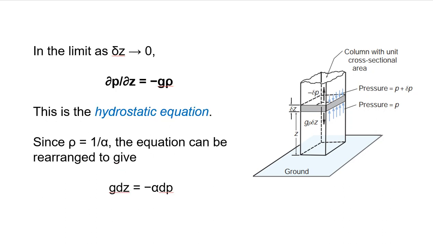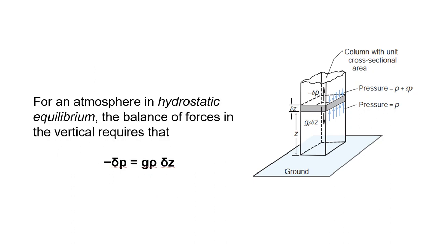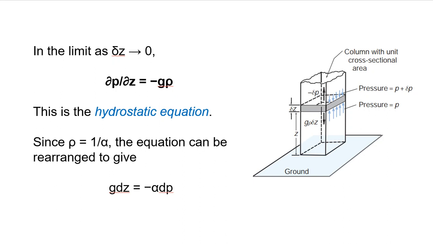So we can do some rearrangements of this equation. We can see that dP over dz equals negative gravity times the density of the slab of air. Note that we have a change of notation. The left-hand side of the hydrostatic equation is written in partial differential notation. Why is that?